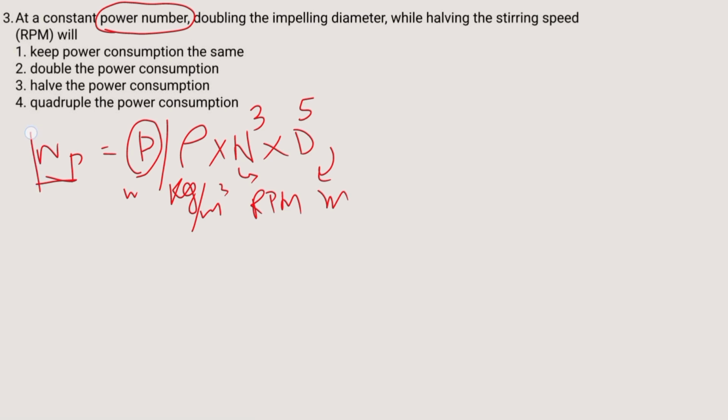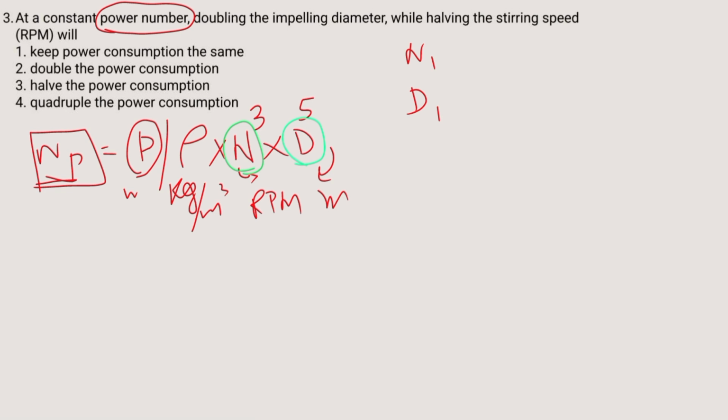So you have kept this term constant and you are doubling the impeller diameter, while keeping the stirring speed the same. So for the first case, if we take N1 and D1, that is the RPM and diameter, as N1 and D1, the next case is doubling the impeller diameter.